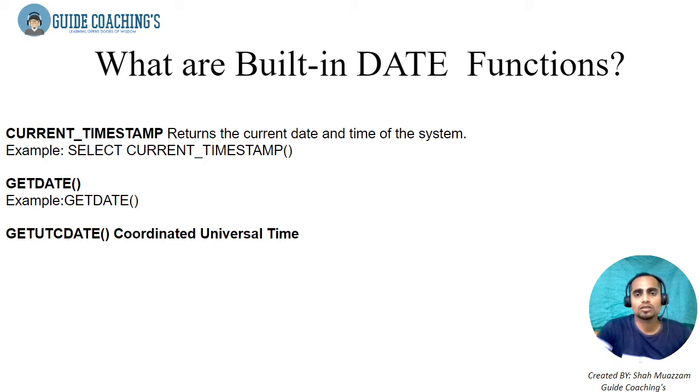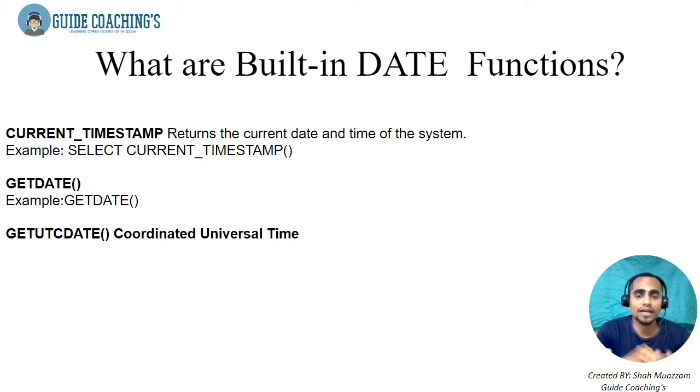The get UTC date function gives us the coordinated universal time. That means it gives us the UTC time of the system. Basically it is used for database management. Whenever we are managing data, we sometimes enter data from geographically distributed locations.